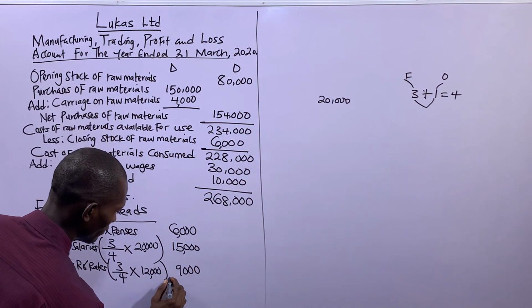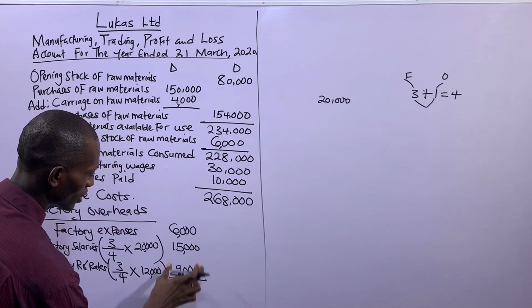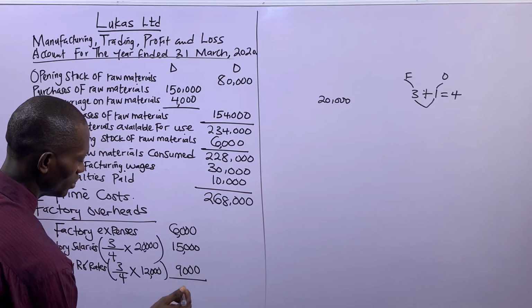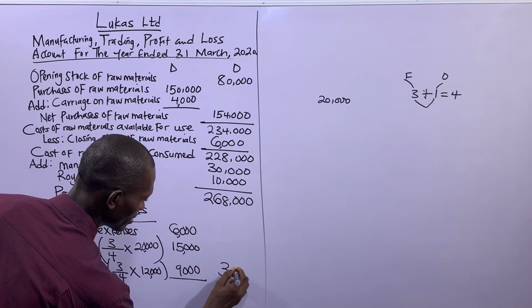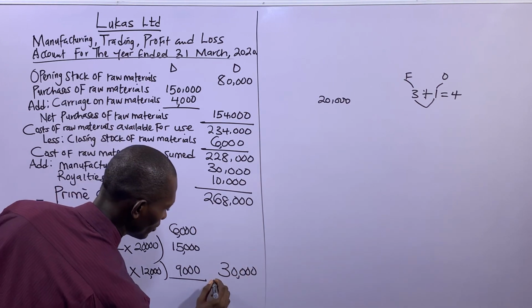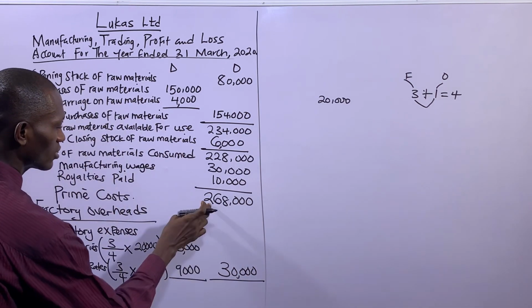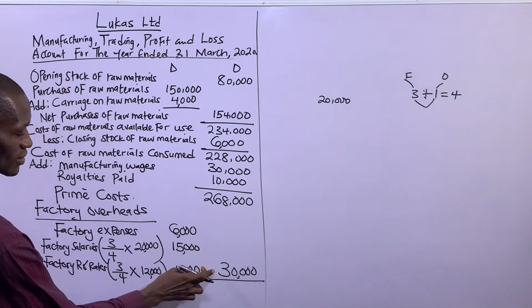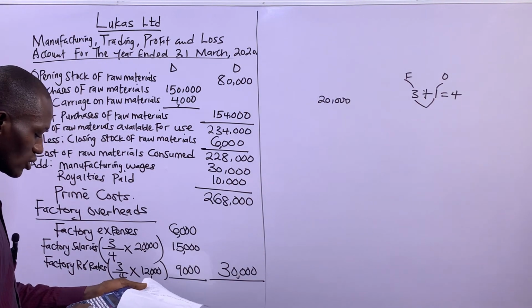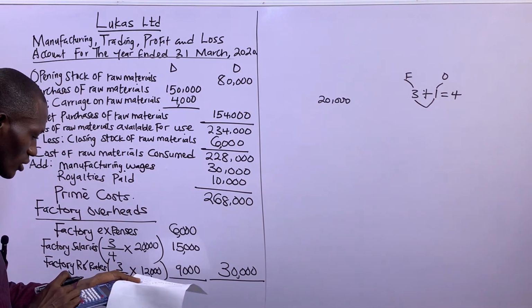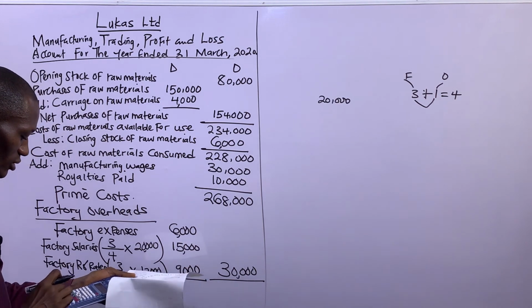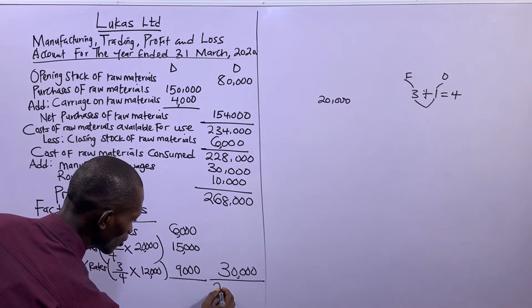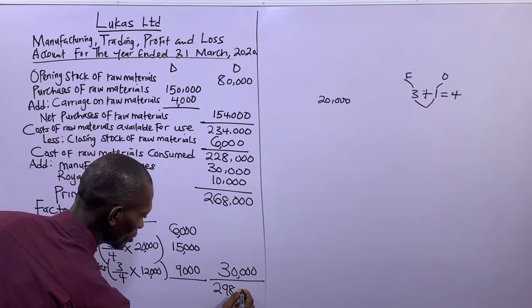So here now, this total should be 30,000: 6 plus 15 plus 9 is 30,000. So we add our prime cost to factory overheads to get our cost of production. 30,000 plus 268,000 gives us 298,000.